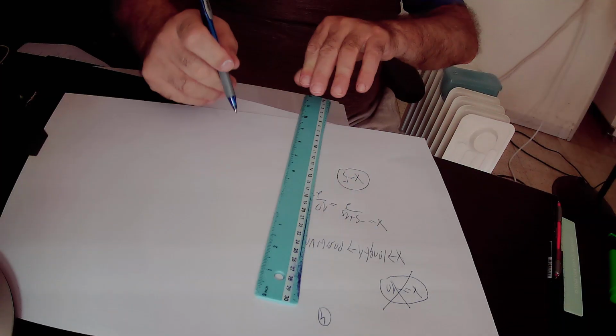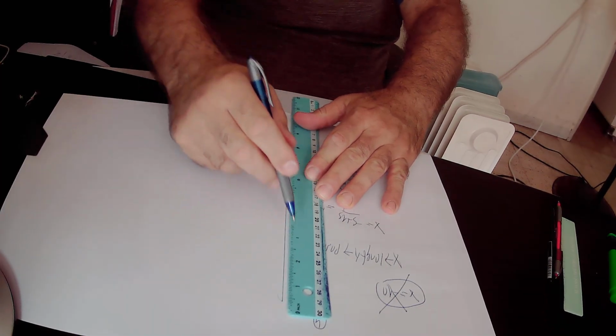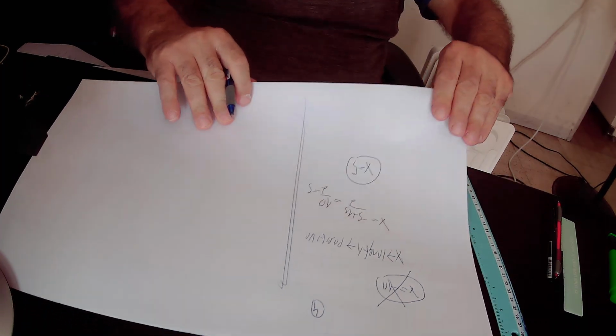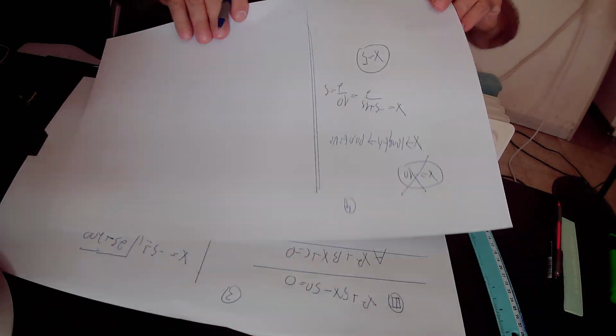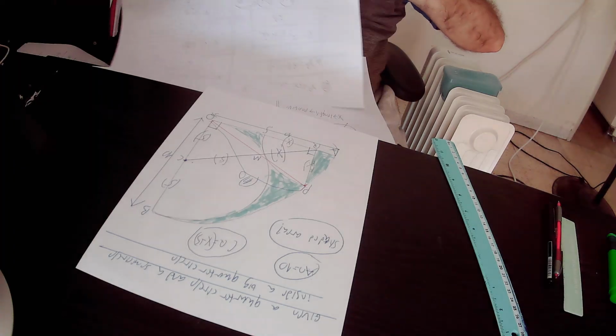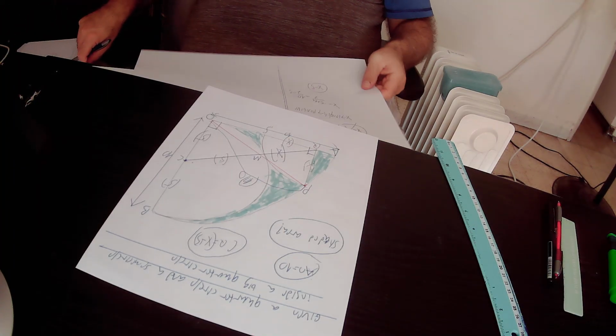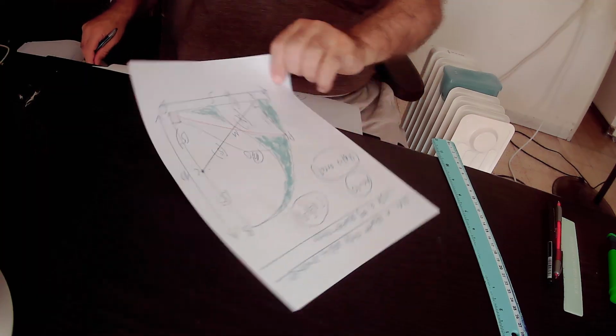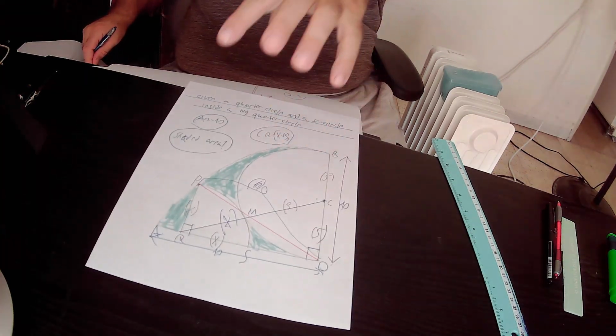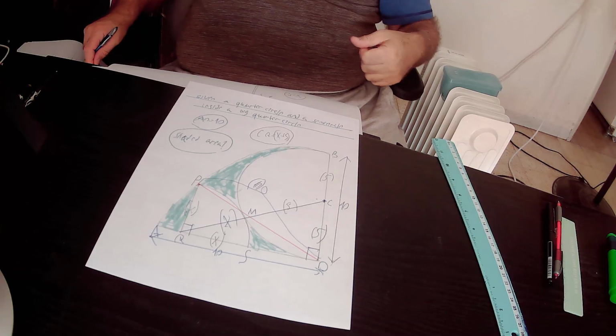So we found out that the radius x of this small quarter circle is equal to 5 units in length. Repeat again that our task is to find the size of this shaded region.